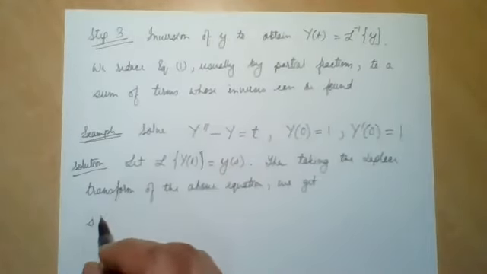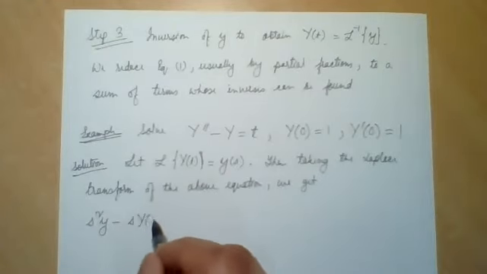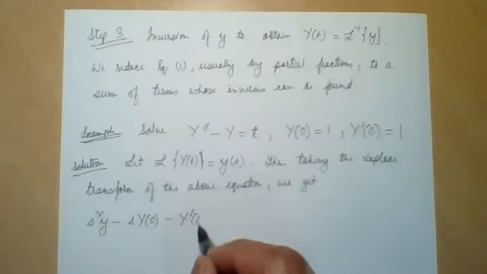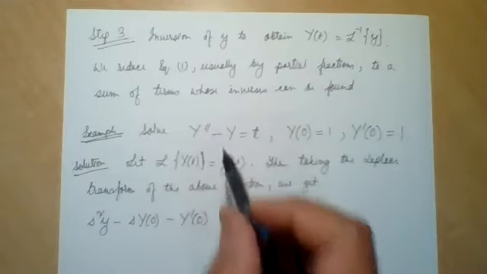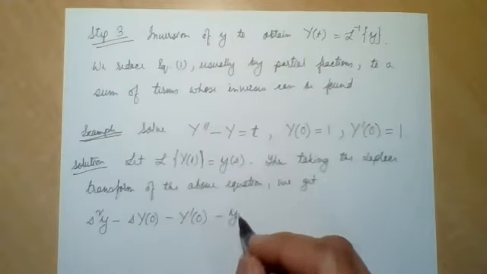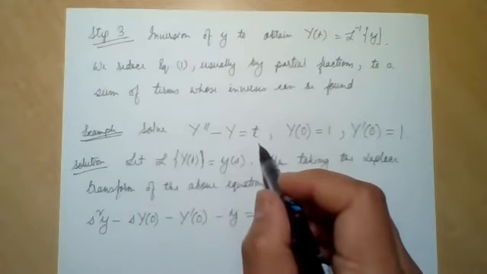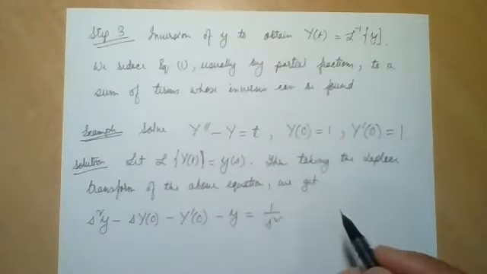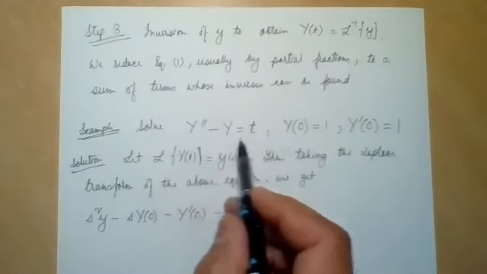I should get s square small y minus s times the value of capital Y at 0 minus y prime at 0. This is the Laplace transform of y double prime. Then minus the Laplace transform of capital Y, which is small y, and this is equal to the Laplace transform of t, which is nothing but 1 by s square. Okay, so this is the Laplace transform of the given differential equation.